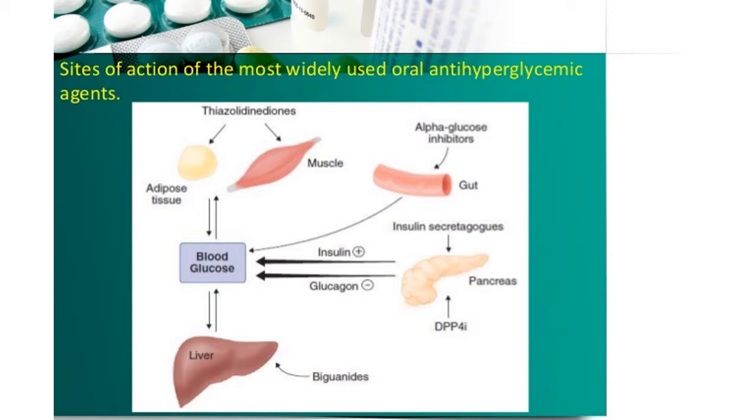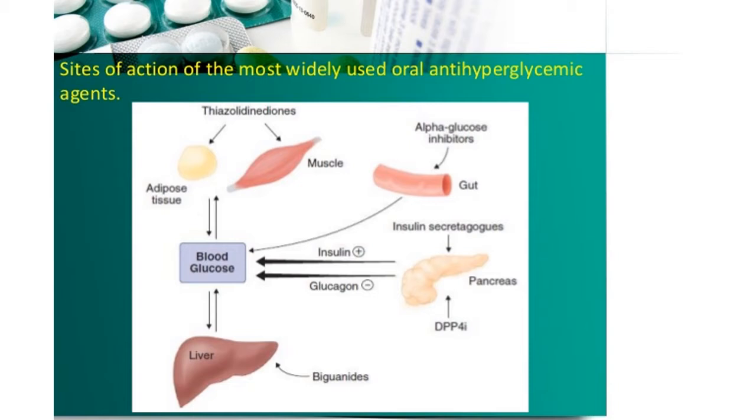Here is a picture in which you can see the site of action of different classes of antidiabetic drugs that act and decrease the blood glucose level. You can see thiazolidinediones act on muscle and adipose tissue, while alpha glucosidase inhibitors act on your intestinal tract, while insulin secretagogues act on the pancreas.